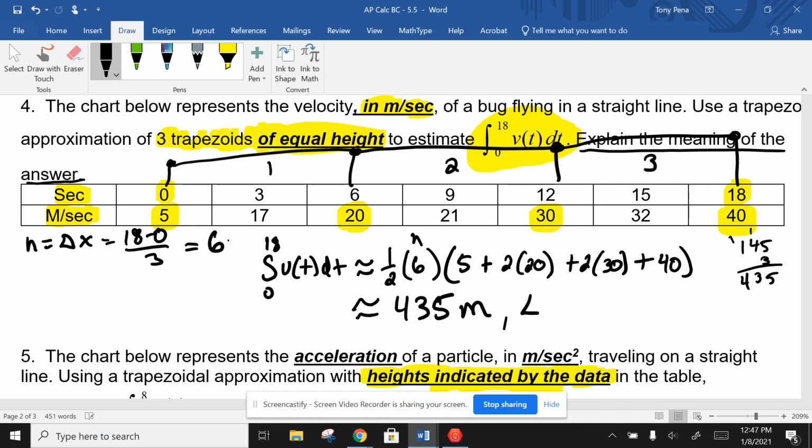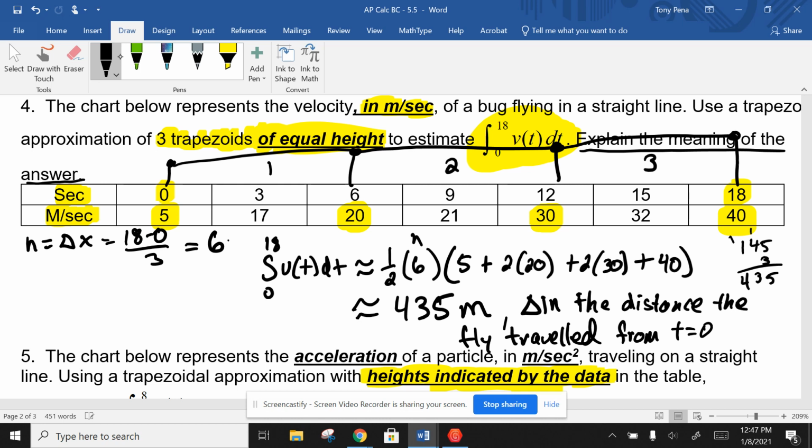Meaning what we just found is the change in the distance the fly traveled. And then just like with our rectangles, when we explain those, you have to explain your limits from t equals 0 to t equals 18, and these have to have the appropriate units also, which is seconds.